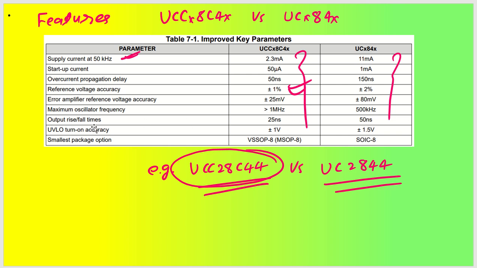The output rise and fall times are 25 nanoseconds, earlier 50 nanoseconds. The under voltage turn-on accuracy is plus or minus 1 volt, earlier 1.5 volts, and it now comes in VSSOP and MSOP packages, where earlier it was an SOIC package. Okay, so this was all about this.